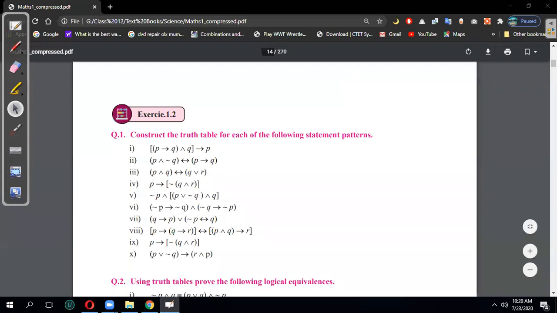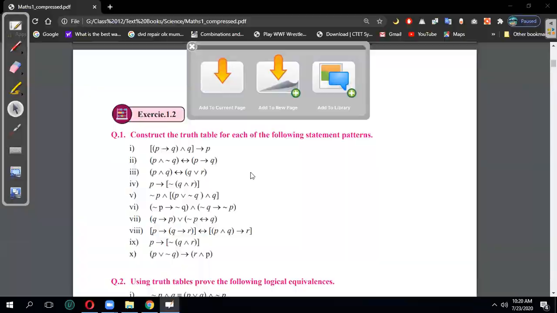Okay, now let's solve one more question. How about the third question, because the third question contains R? You will get the idea of how it works when there are 3 variables.